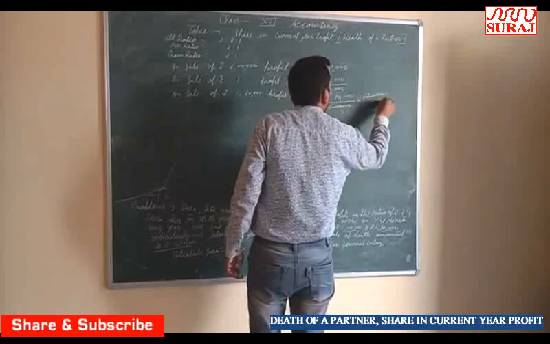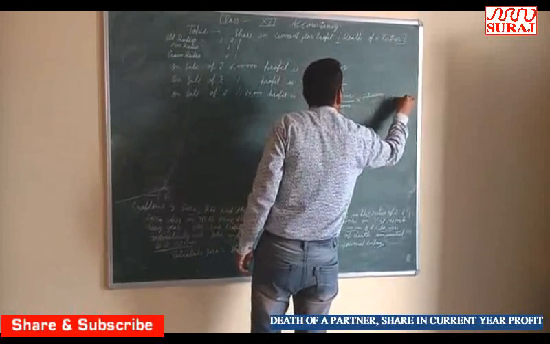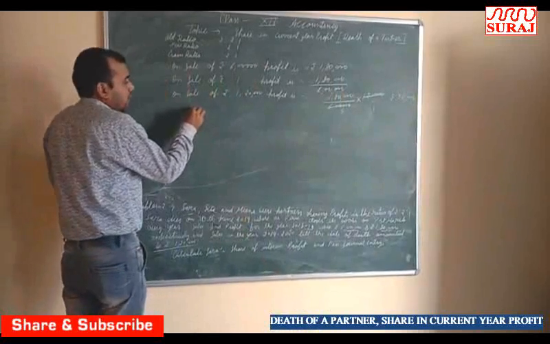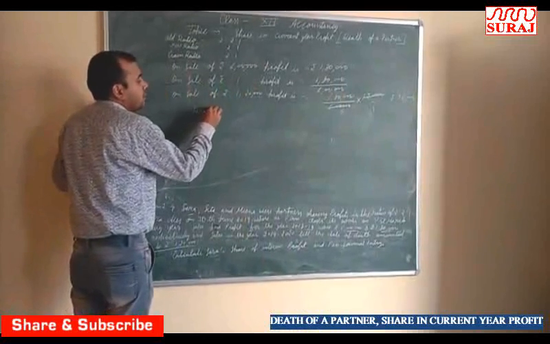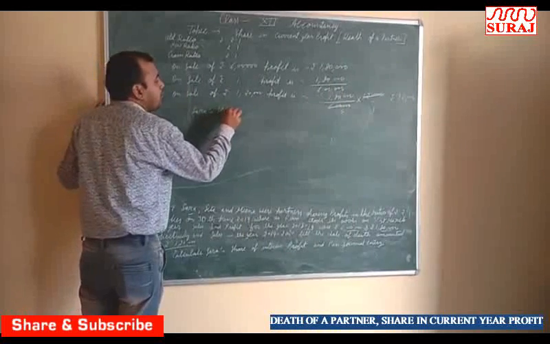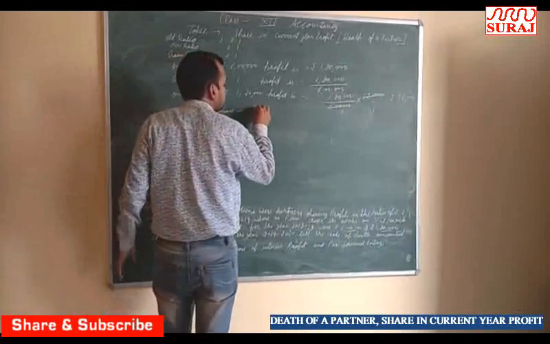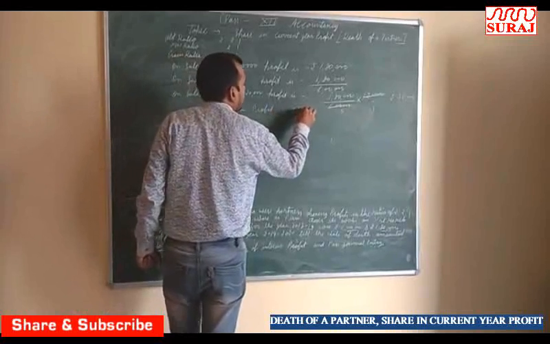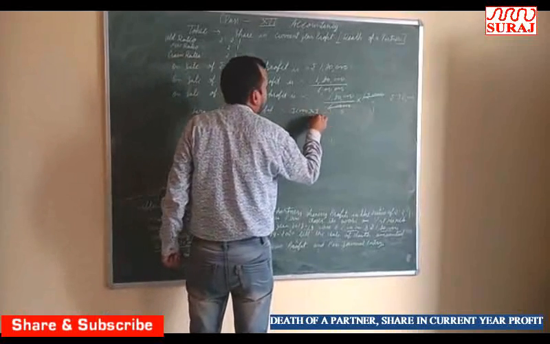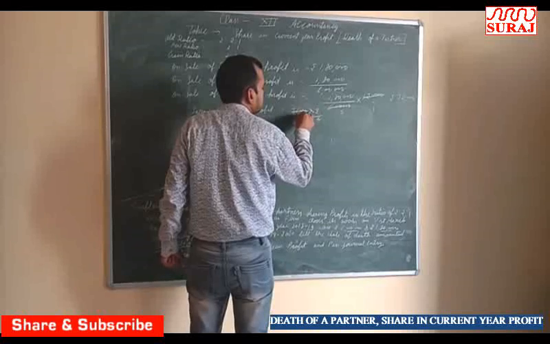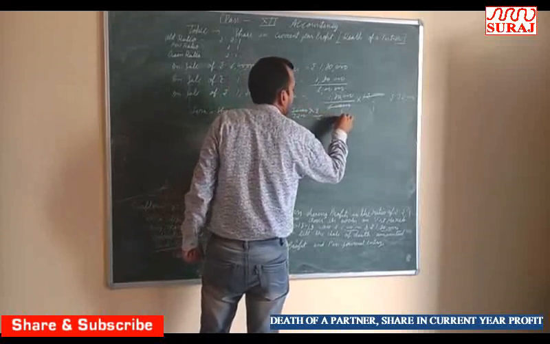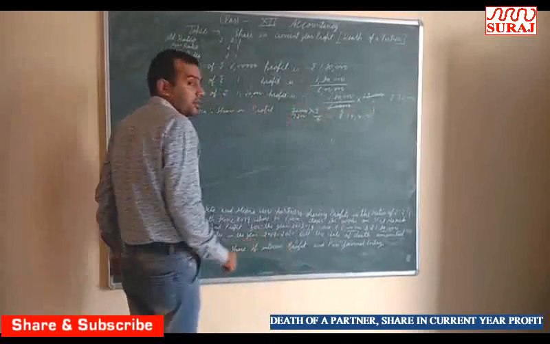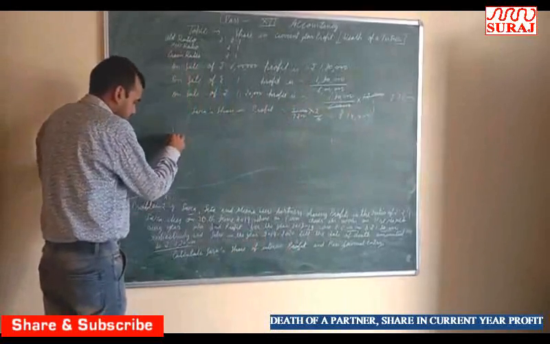Cancelling, it is 36,000. Now calculate Sara's share of profit in 36,000. Sara's share is 2 by 3, which is 14,400.